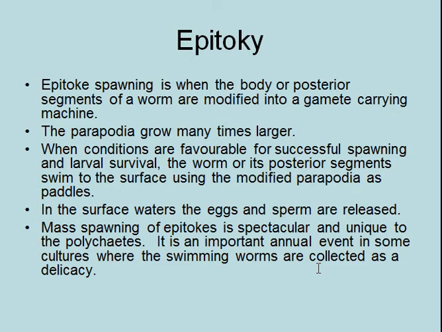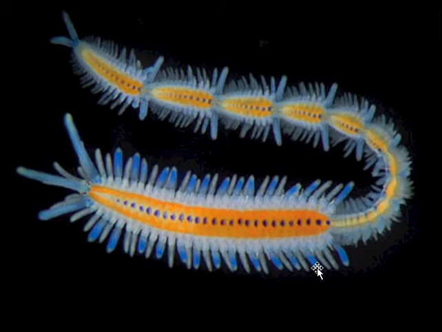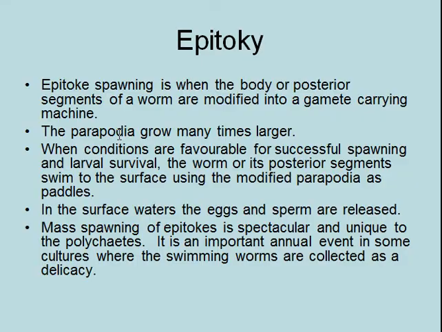Epitoky spawning is when the posterior segments, the back end of the worm, very much like this, grow off little segments. They get modified into essentially a baby making factory, a gamete carrying machine. And the parapodia grow and grow and grow, so they get really big.